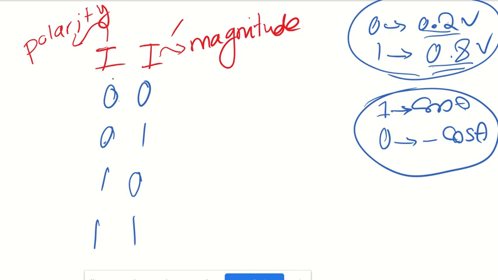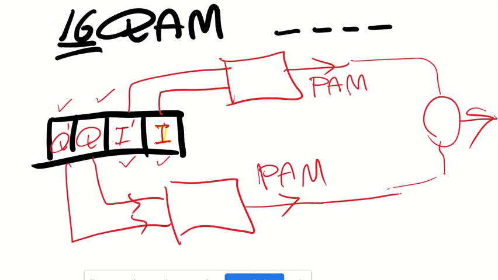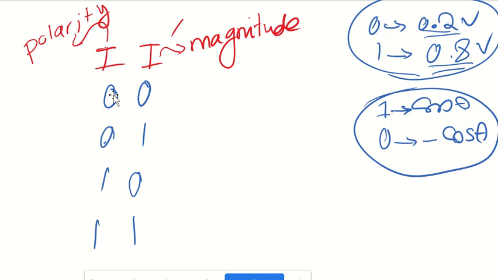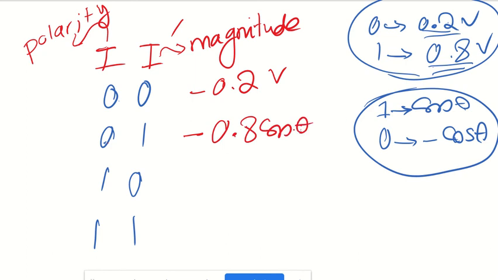Now, when your converter looks at I prime and I, it will say, okay, 0 0: the polarity is 0, so that's minus, and the magnitude is 0.2 volts, so minus 0.2 cosine of theta will be sent. If it sees 0 1, the polarity is minus and the magnitude is 1, so minus 0.8 cosine of theta, or cosine of omega t, will be sent.